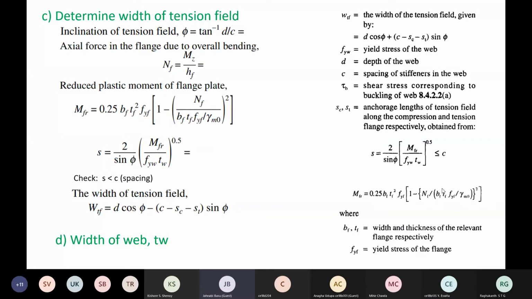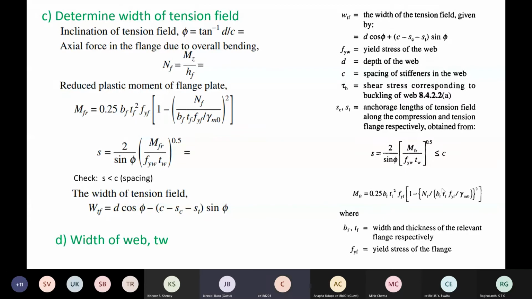D is the depth of the web. C is 2000, already given in the problem. Ma'am, 120 mm. Fine.